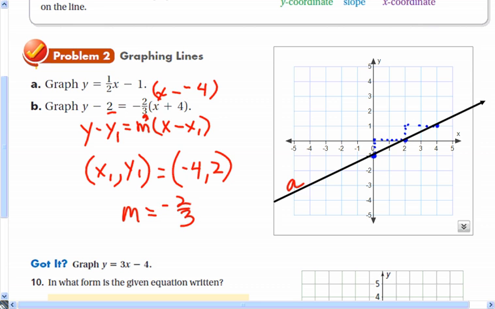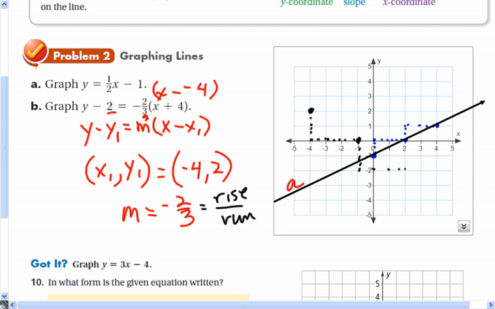So I'm going to graph the point (-4, 2). That point is right there. Then I'm going to use the slope, -2/3. I'll use -2 as the rise and 3 as the run. So that means I'm going to drop 2 for every 3 I go across.